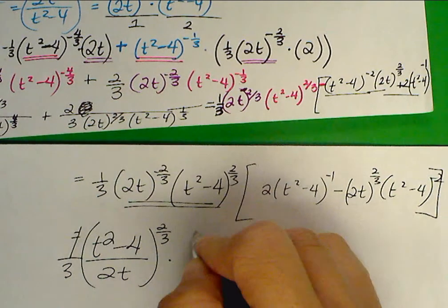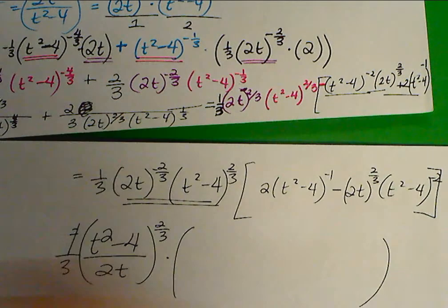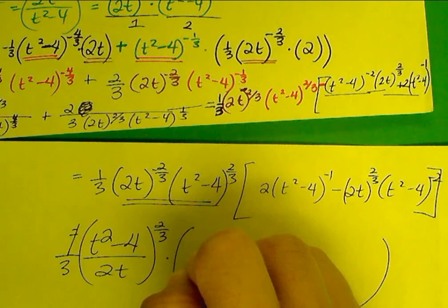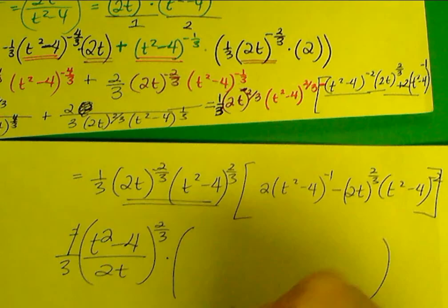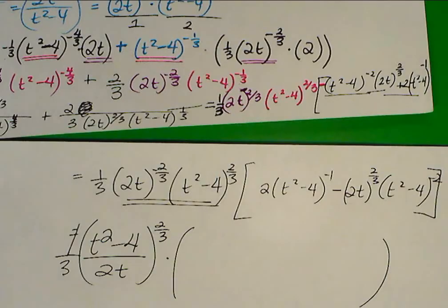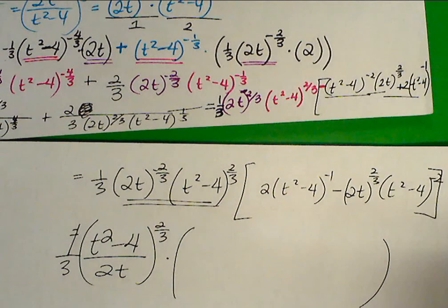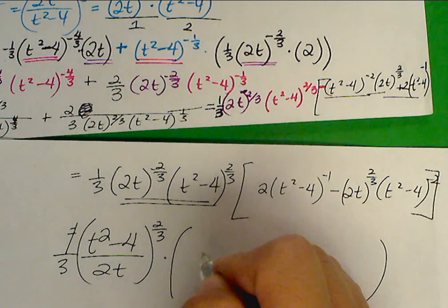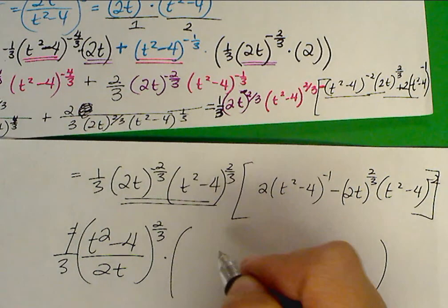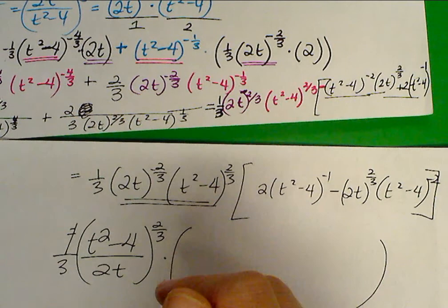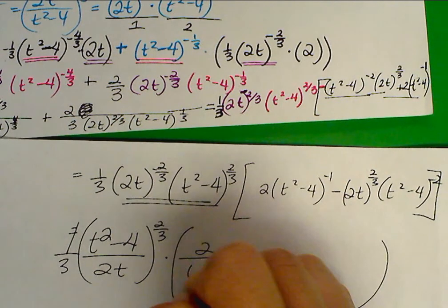Now what do they do with that? It's like they got an 8 somehow. Oh, because they distributed it. But it's not 8t. Oh goodness, yeah, it's 2t squared minus 8. And the t squared minus 4, equal to negative.